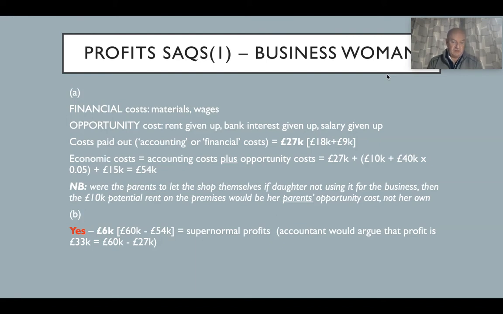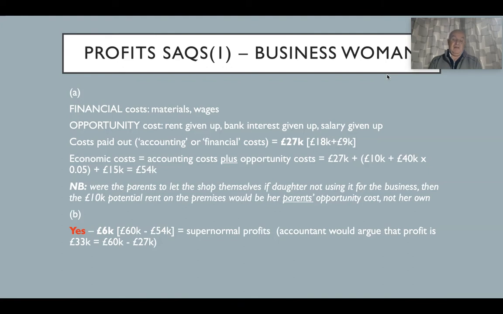So essentially, from an economic standpoint, we're making supernormal profits, where our total revenue is higher than our normal profit level, which is essentially the paid out costs, the financial cost, and also the economic cost or the opportunity cost involved.